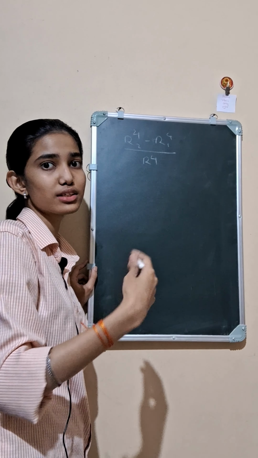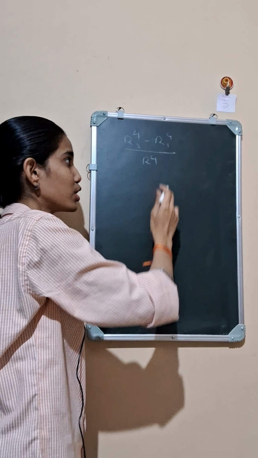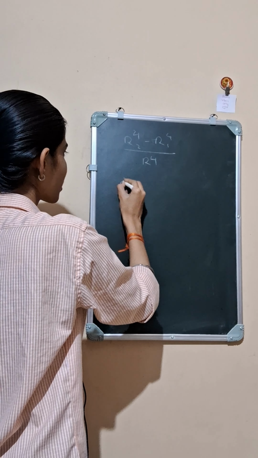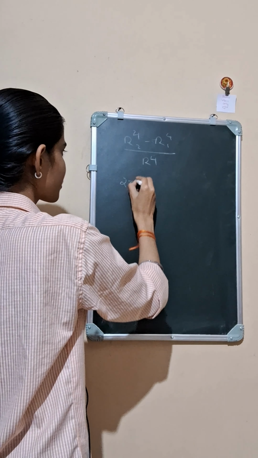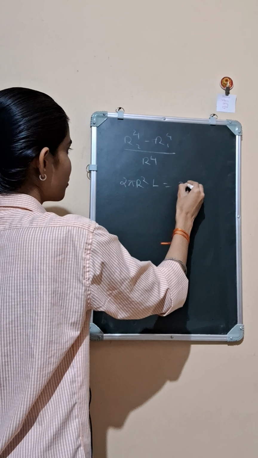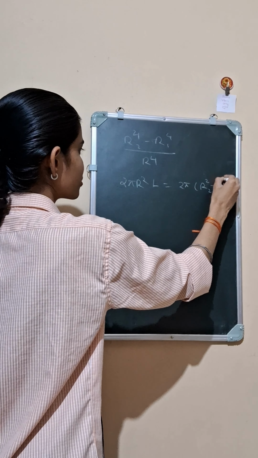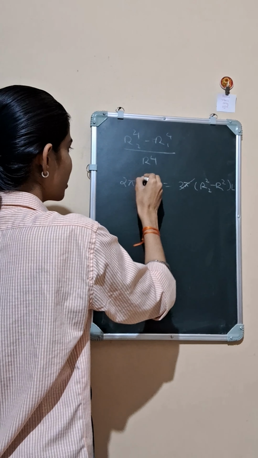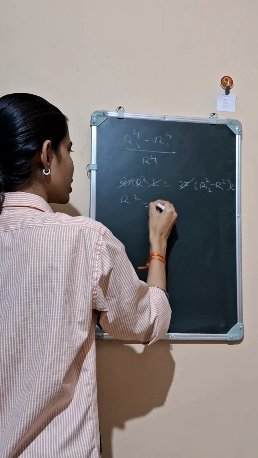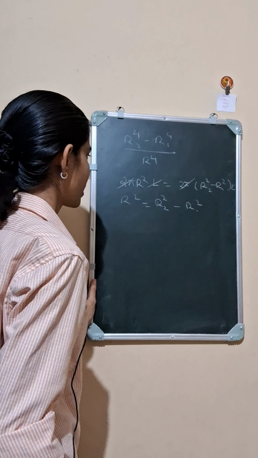As the material is the same, density will cancel out, so the volume of the hollow cylinder will be equal to the volume of the solid cylinder, which is 2 pi r square, let the length be L, equals 2 pi (r2 square minus r1 square) into L. 2 pi L will cancel and r square equals r2 square minus r1 square, right?